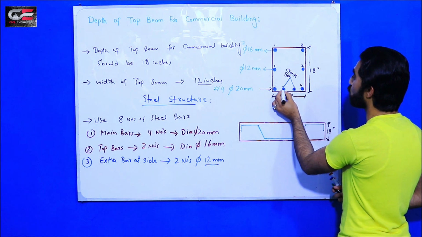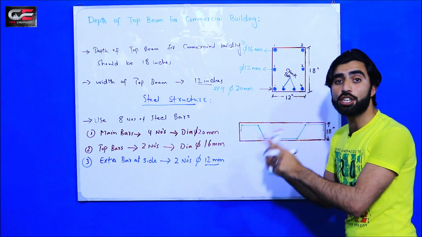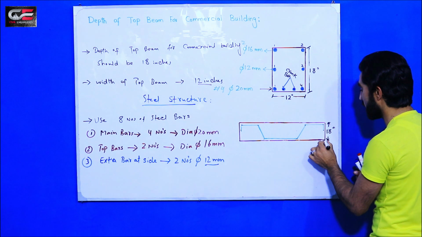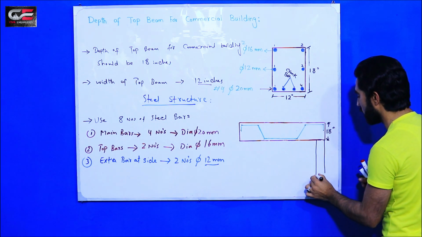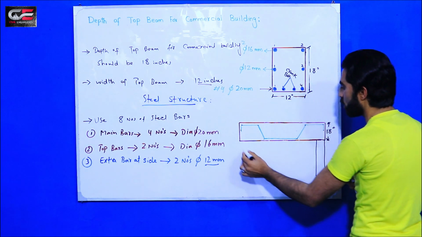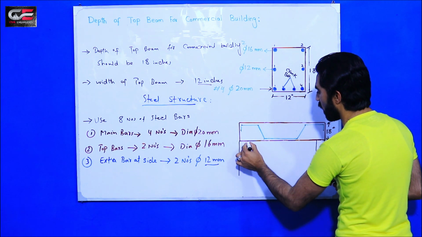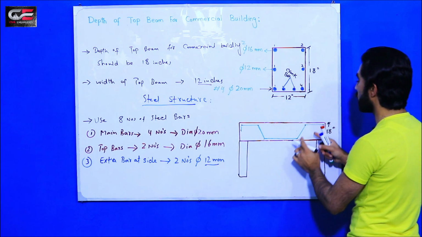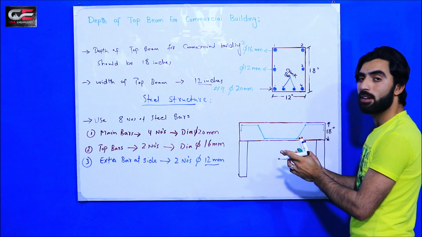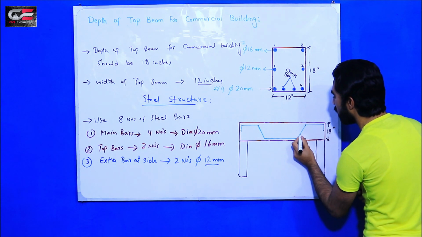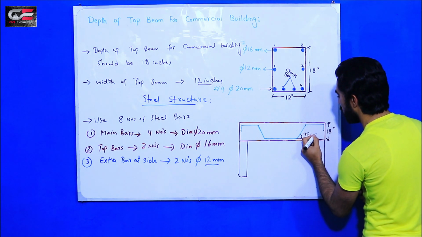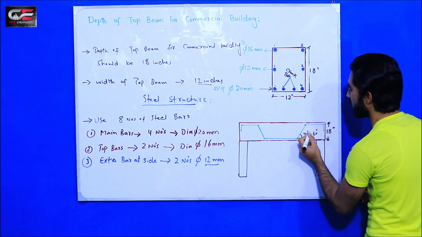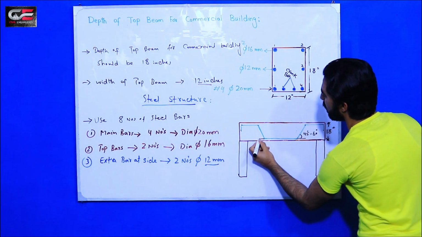These two bars should be cranked at the end of the support, same like this one. As you can see guys, here we have support is column, this one and also this one column. So guys, near its support, the bar should be bent with the angle of 45 to 60 degree. Also same here.